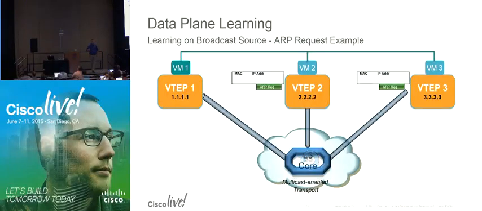And from this, we learn. From this, we know now VM1 is behind VTAP1, because that VM1 sent that respective ARP request. And with the group we used and with the VNI we used in the encapsulation of that message, we know it's belonging to a certain segment.